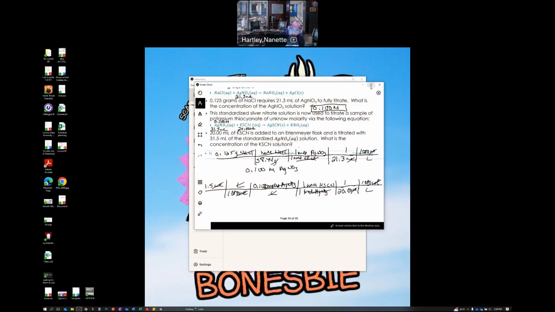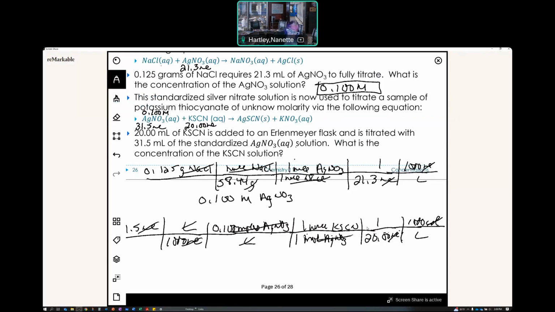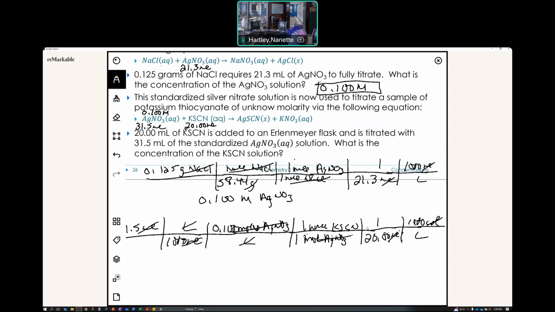Sorry, glitching everywhere. I do that, and that tells me that this solution is 0.158 molar.